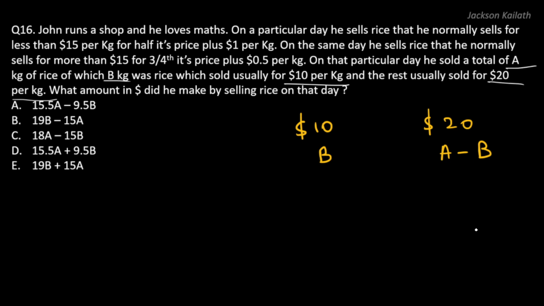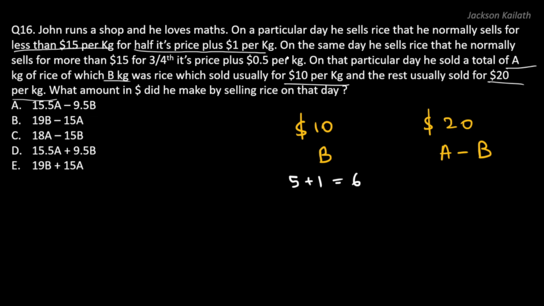Alright. Now let's also go ahead and try to see at what price he sold these two types of rice. On that particular day, it's mentioned that rice which is sold at less than $15 per kilogram, he sold it at half its price plus $1. So half of 10 would be 5, and if you add 1 to it, you get 6. So he would have sold this rice at $6 per kilogram.